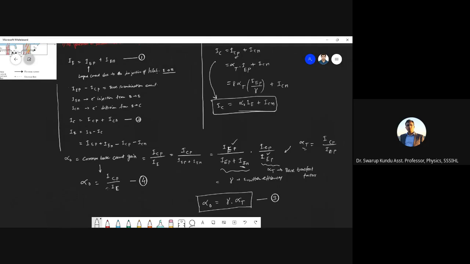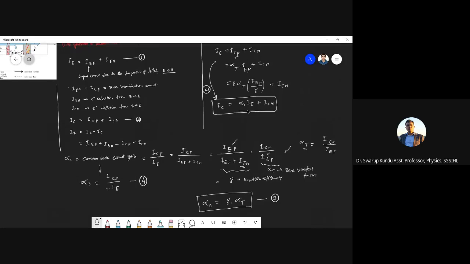In equation 4 we have alpha naught equals ICP by IE. So you can put this in and directly get IC from equation 4, right?